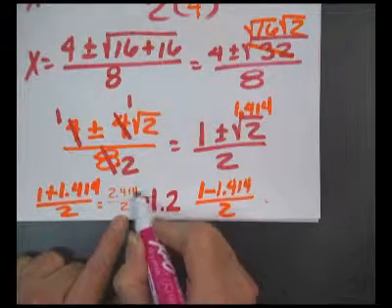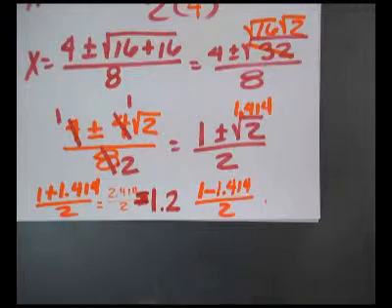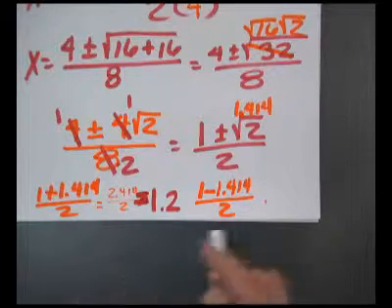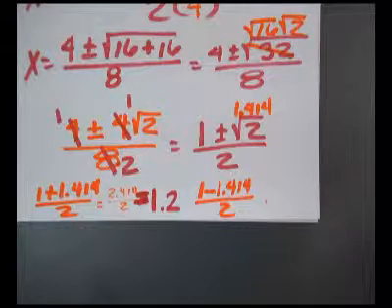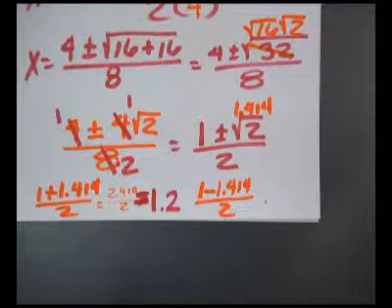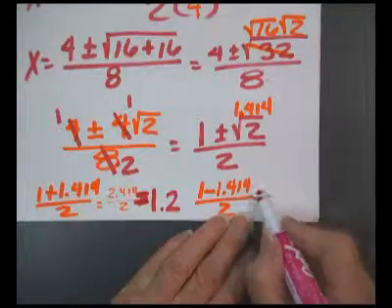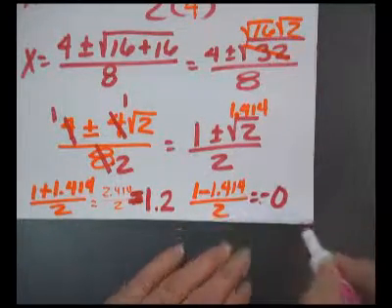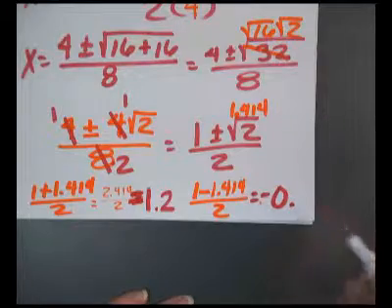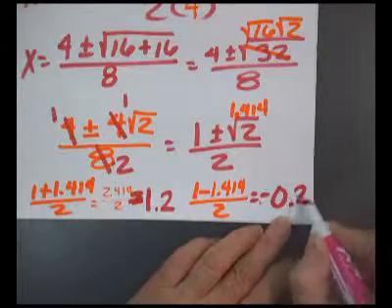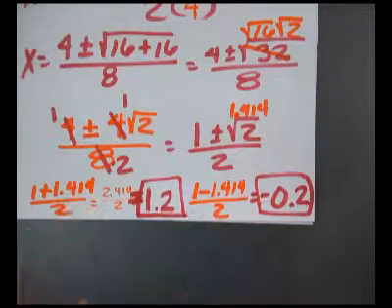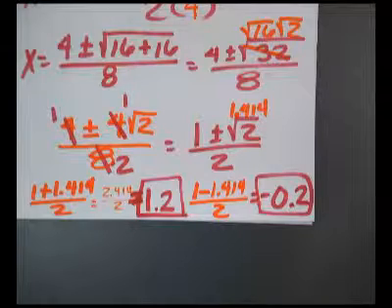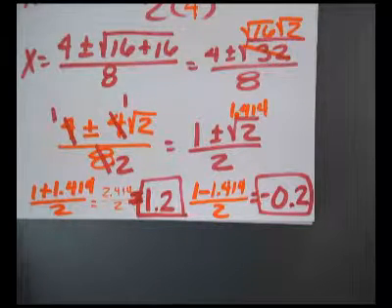This is an equals, not a negative. 1 minus 1.414, and then divide by 2. Negative 0.207, so 0.2. So we have negative 0.2 and positive 1.2. Any questions?